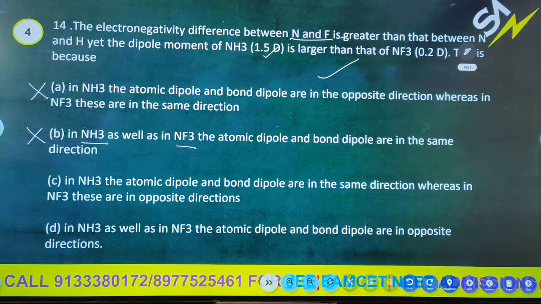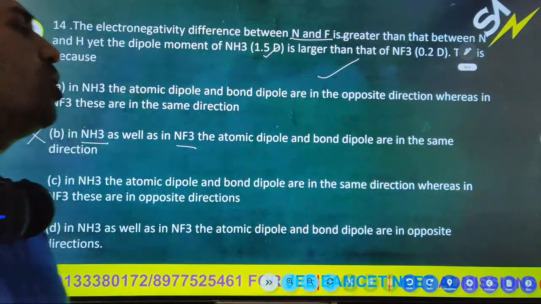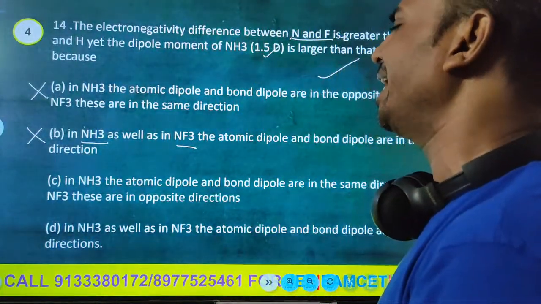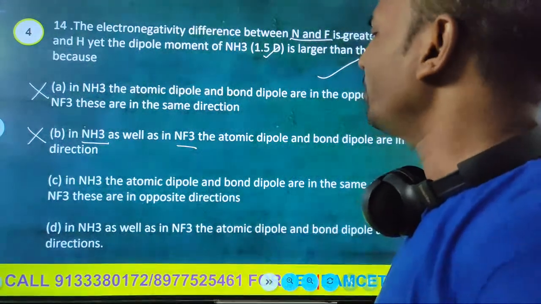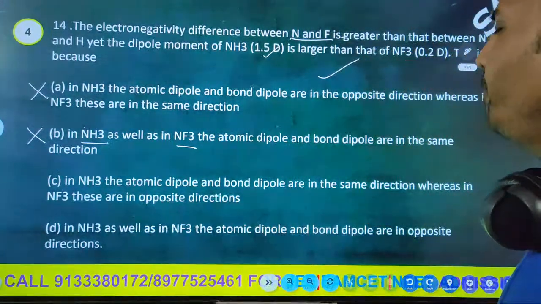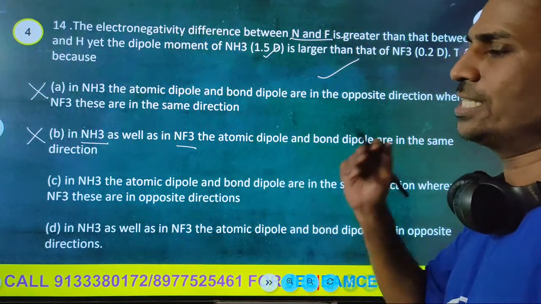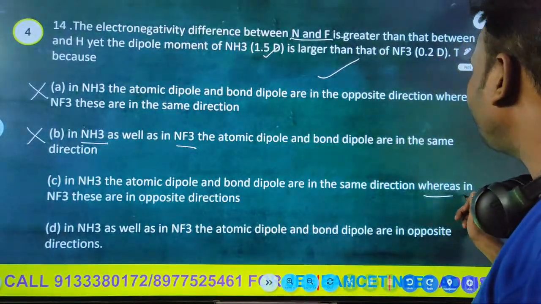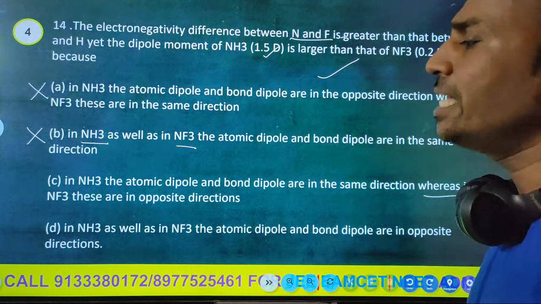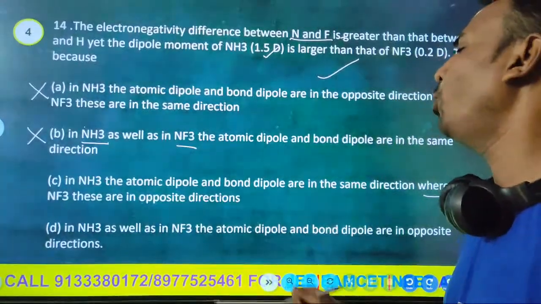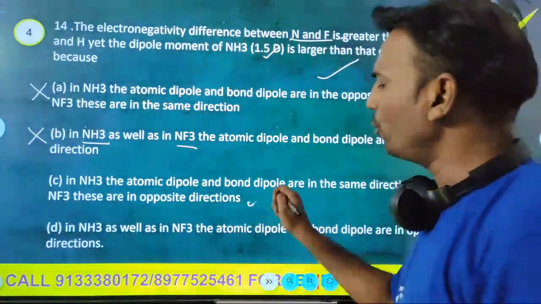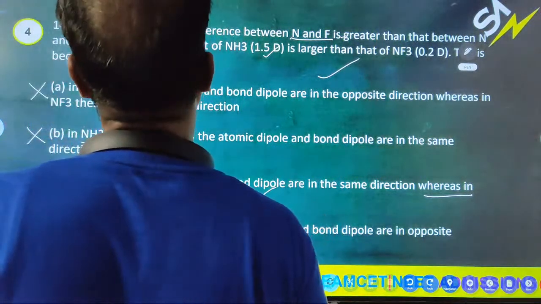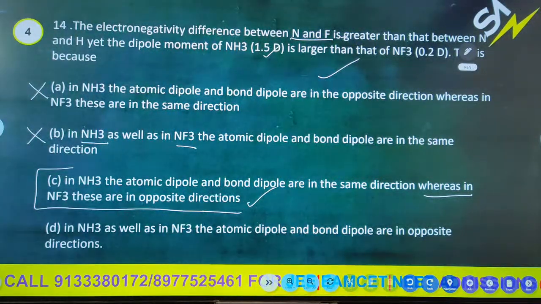Option C: in NH3 the atomic dipole and bond dipole are in the same direction, whereas in NF3 these are in opposite directions. In the case of ammonia, the dipole and bond dipole are in the same direction towards the nitrogen. But that is different in the case of NF3, where the direction is opposite. So answer C is the correct explanation for the question.